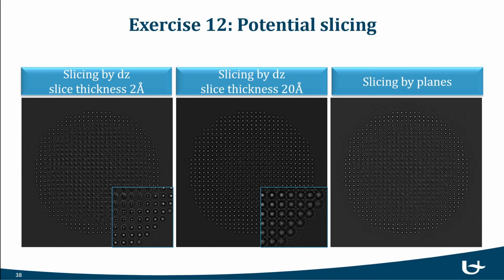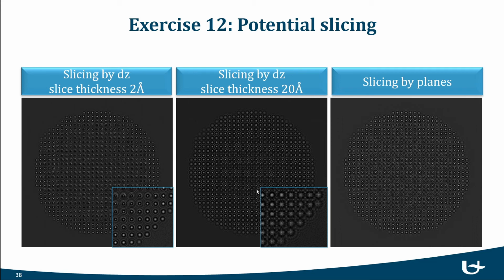The multislice approximation is only correct within the limit of a very small slice thickness. The relatively small difference in our image simulation between the slicing by DC with a slice thickness of 2 Angstrom and slicing by planes is due to the automatic slicing detecting a slice thickness of around 2.037 Angstrom, which is actually quite close to the slice thickness defined in slicing by DC.